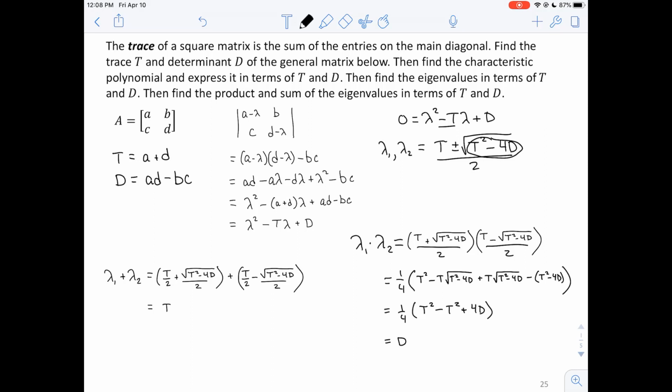If t squared minus 4d is 0, then you get a single real repeated eigenvalue. And you'll notice we didn't bother doing characterizations for that case, and we're going to leave that off here as well. Let's just worry about when t squared minus 4d is positive and when it's negative, and what kind of solution we expect to get.